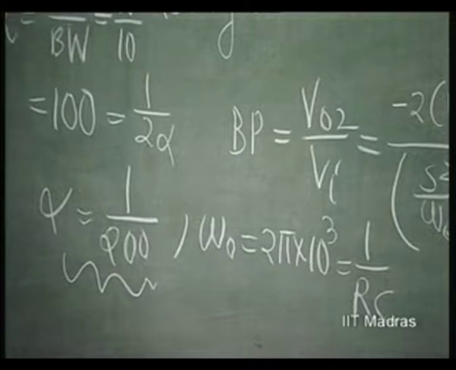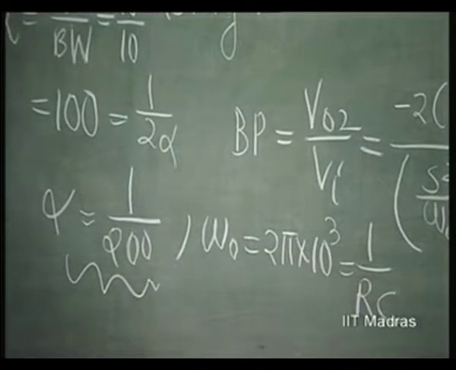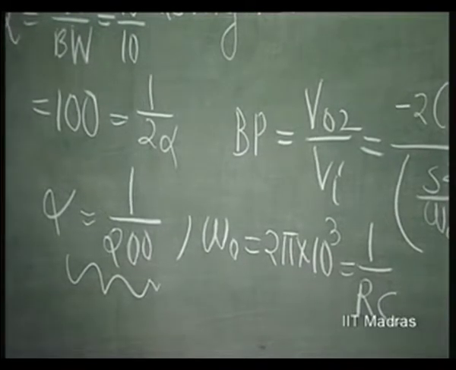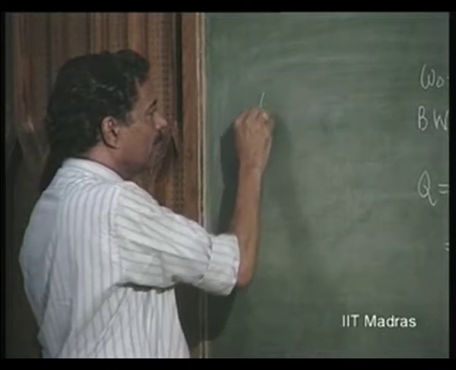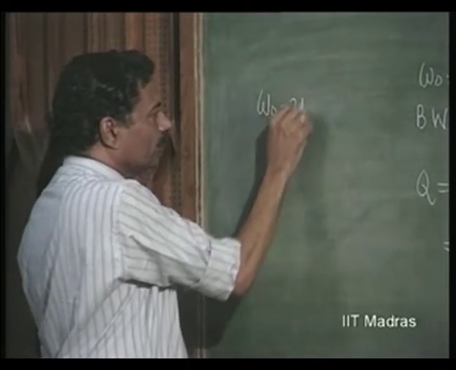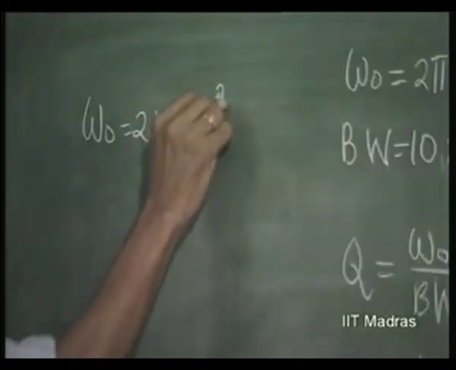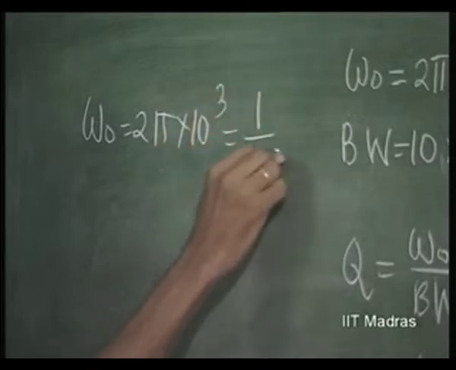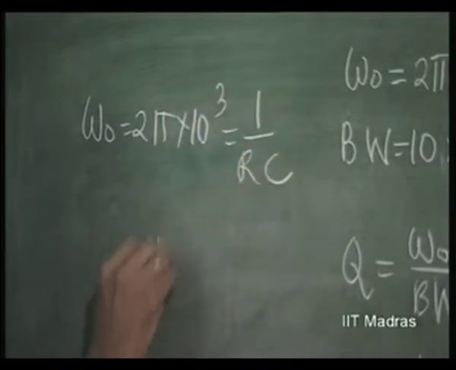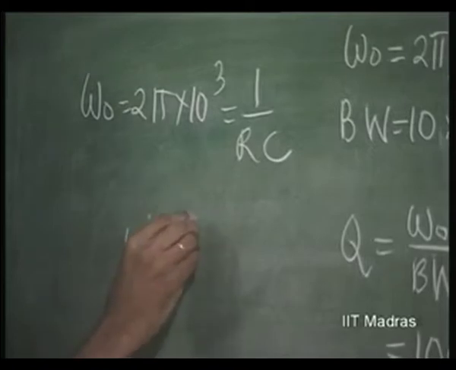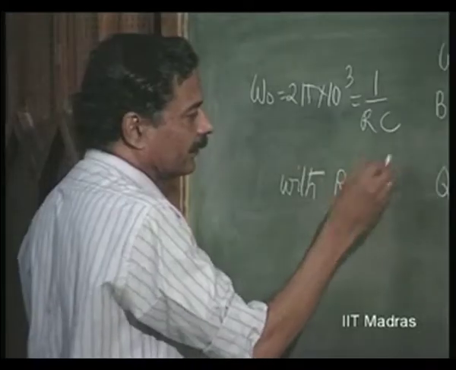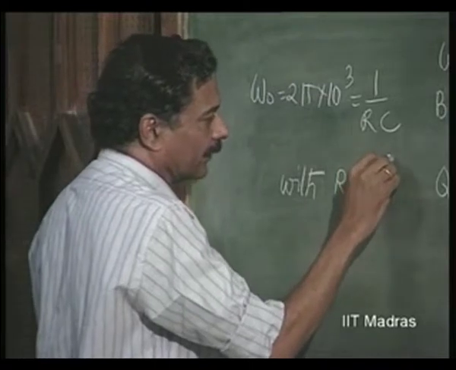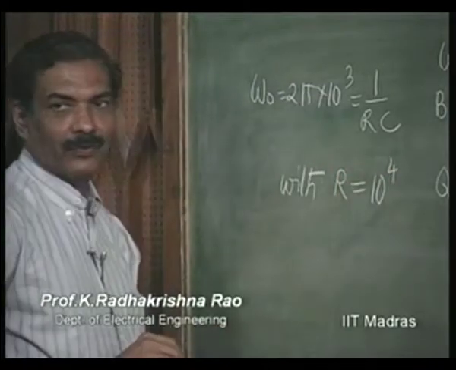Now, you have a choice, right. The R's are not specified. Suppose R is specified, let us say R equal to typically 10 K. I would like to take 10 to the power 4 ohms.